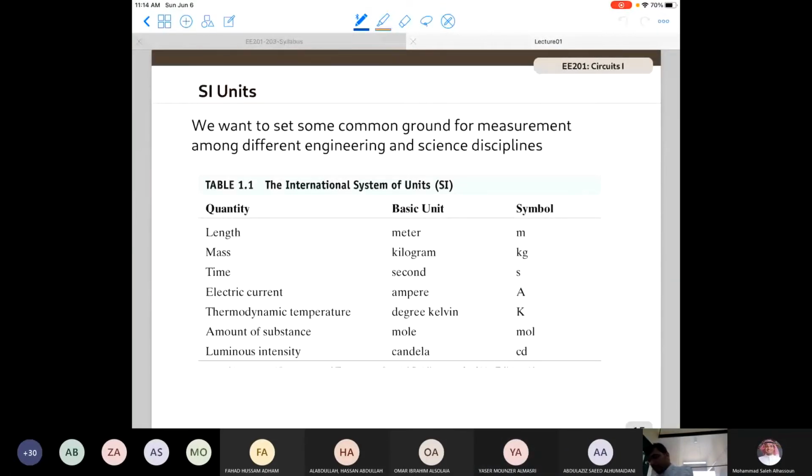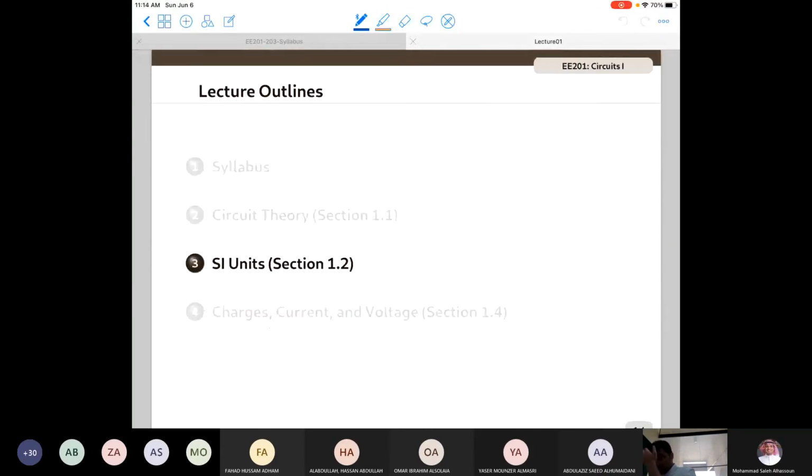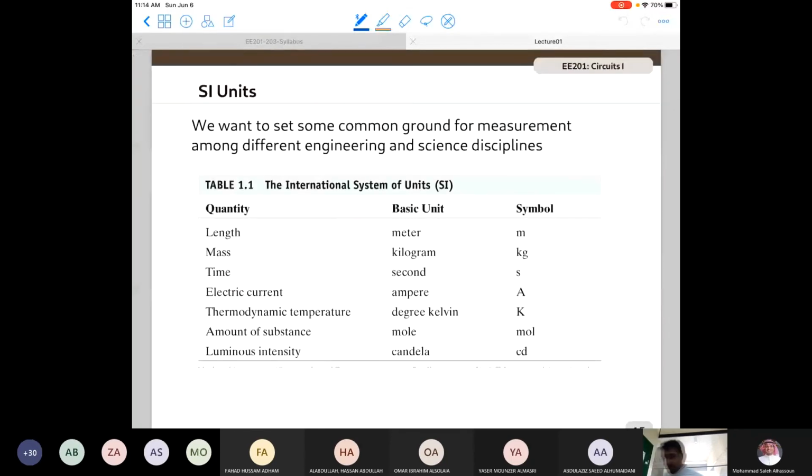So let's move to the second topic, which is SI units. For SI units, it's very important that we have a standard or a unified unit. If I say something is tall, we always have like common ground for all of our measurements.